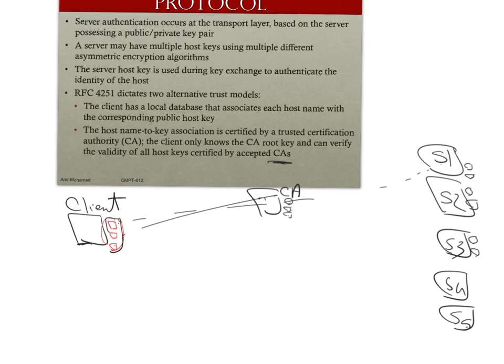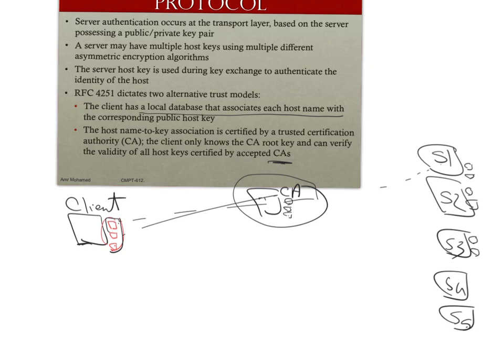Okay, so to optimize the performance, the client may in fact use some local cache to optimize this process. So the client has a local database that associates each host name with a corresponding public host key. Okay, or the host name to key association is certified using a certificate authority. So these are the two possible methods.